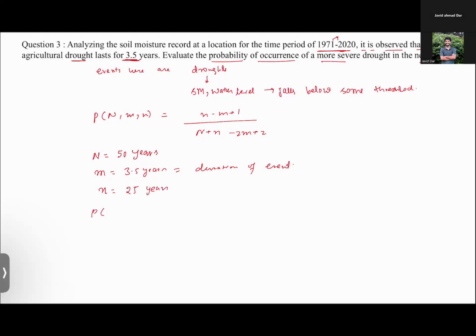If you use the above equation, it's N = 50, m = 3.5, n = 25. Put the values.